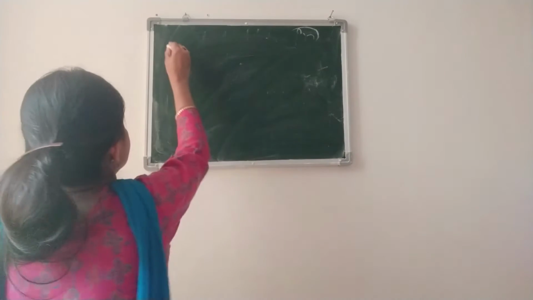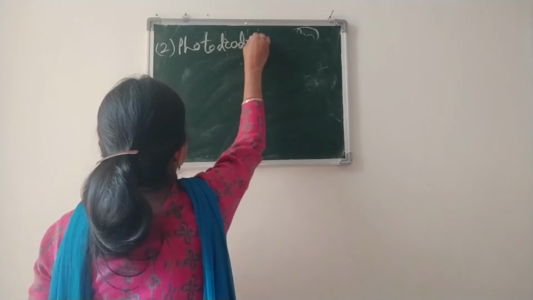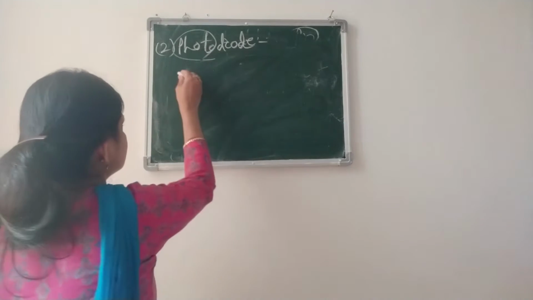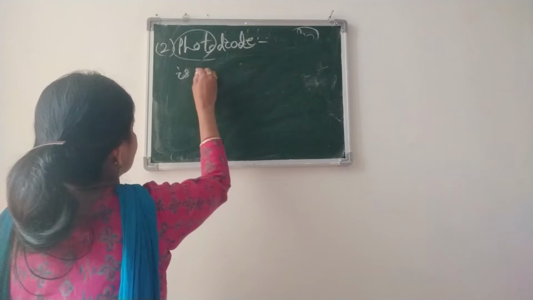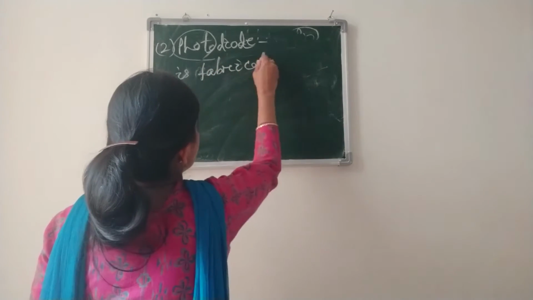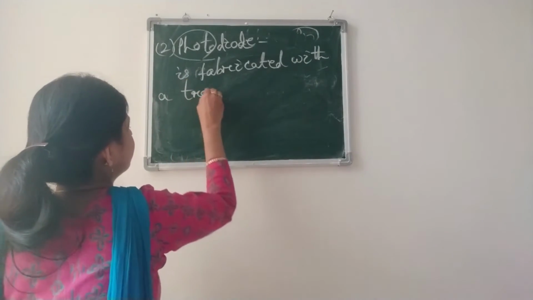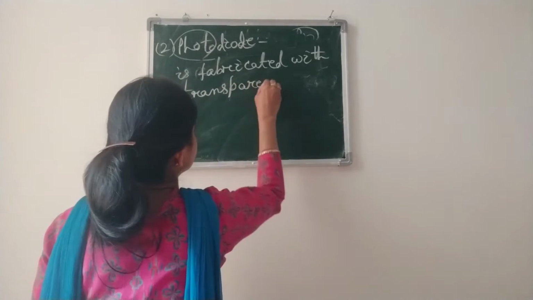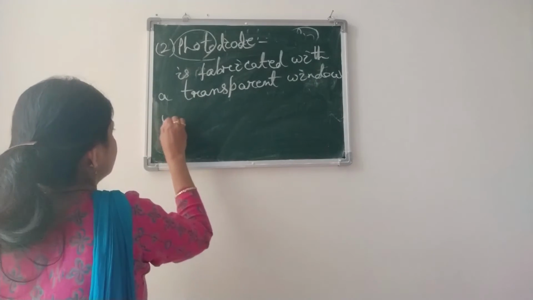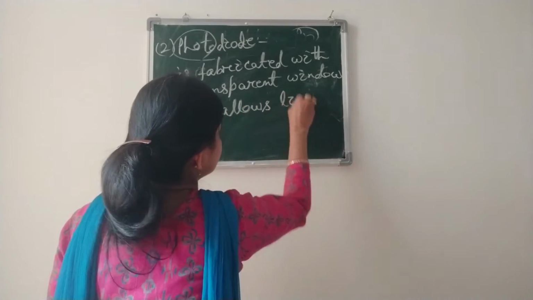Now, second, that is a photodiode. What is a photodiode? Photo means light. So, a photodiode is fabricated with a transparent window which allows light to fall on it.